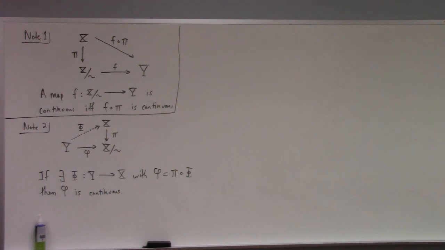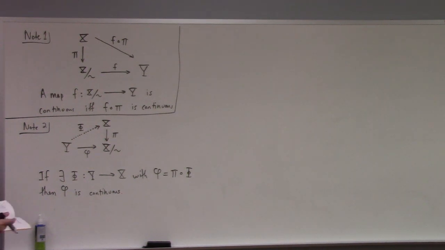And then he does more than that, right? He says you can be less greedy, even if you can just do that locally, that gives you continuity of phi. And he describes what he means by locally. He says if for every y in Y, there's a neighborhood U for which there's a continuous map big phi U from U to X with pi composed with big phi U equal to phi restricted to U, then phi is of course continuous.